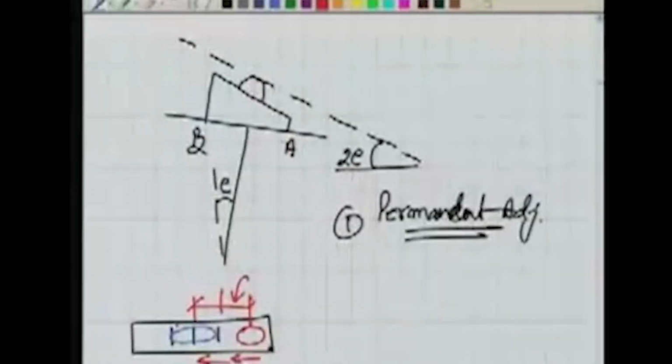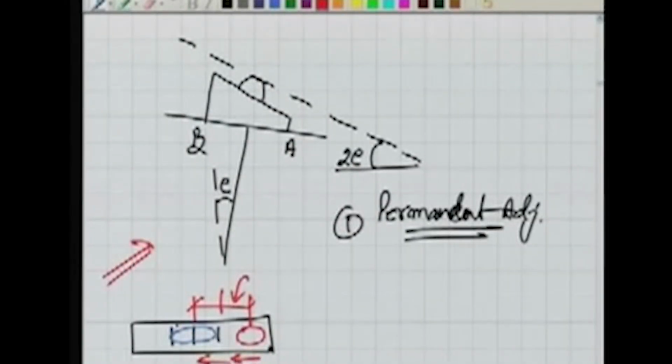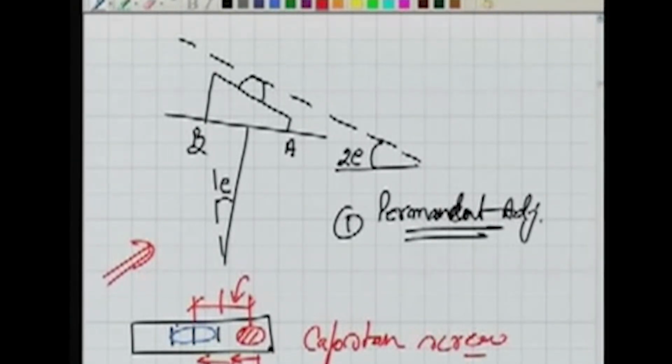If I do the same thing here in the diagram, in this case now, by bringing this bubble half by capstan screw, what we are doing, actually we are raising it up.